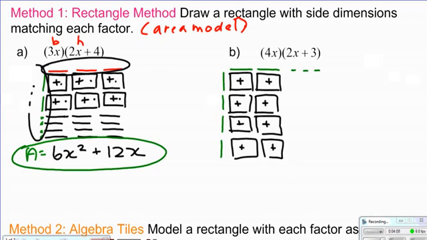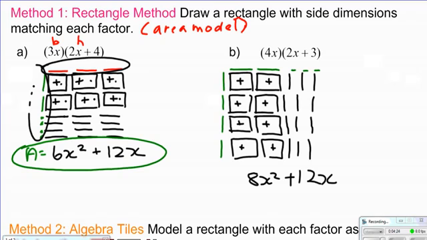So 2, 4, 6, 8 x squareds. Okay, and then filling in x times 1 is x, x, x. So we have 12 x's. So 8x squared plus 12x, that's the area when we multiply these two.